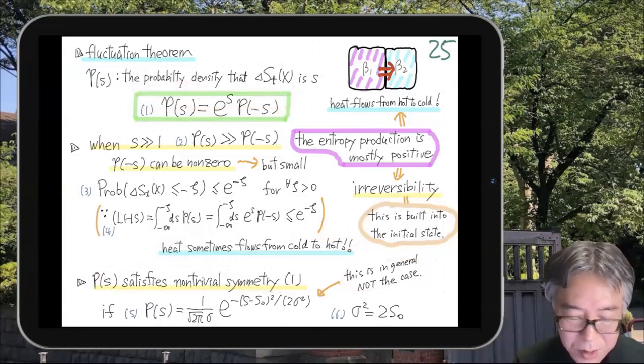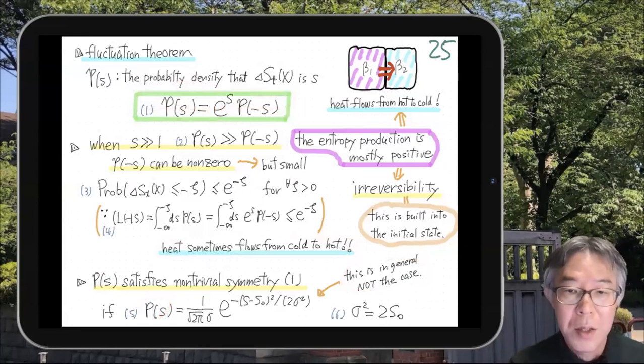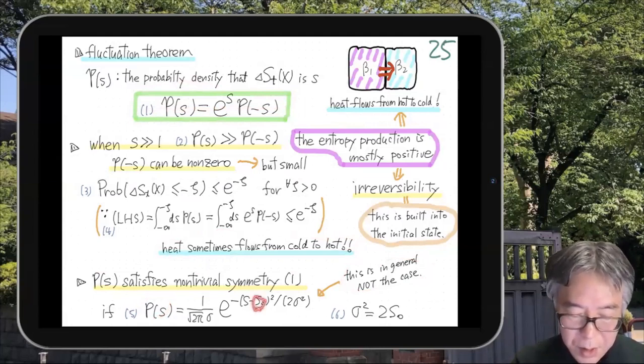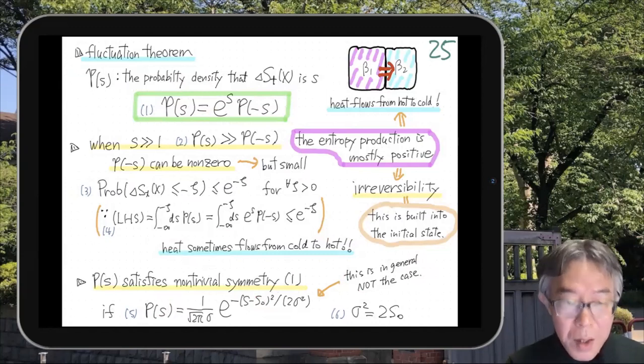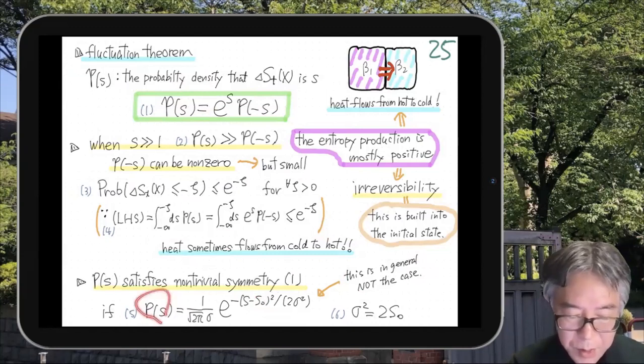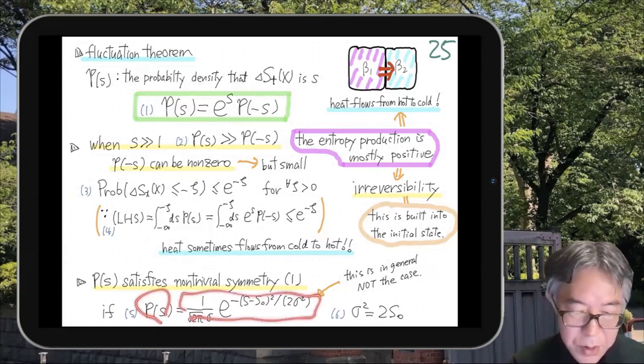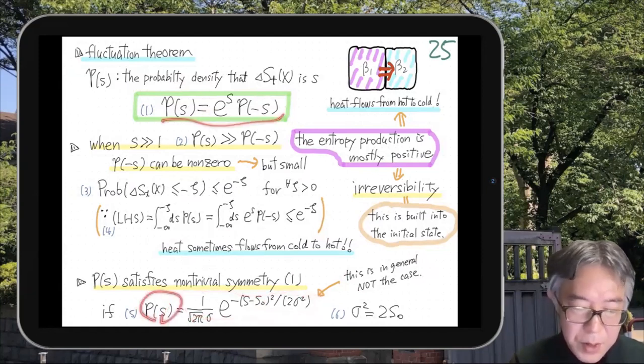This is not usually the case, but suppose that P_S happened to be a Gaussian distribution or close to a Gaussian distribution, like this. So this is the average, and this is the variance. In this case, you cannot simply write down an arbitrary Gaussian distribution, because it must satisfy this relation.